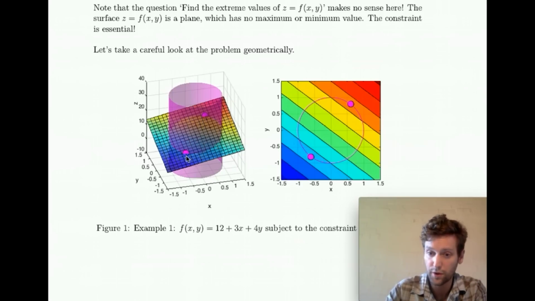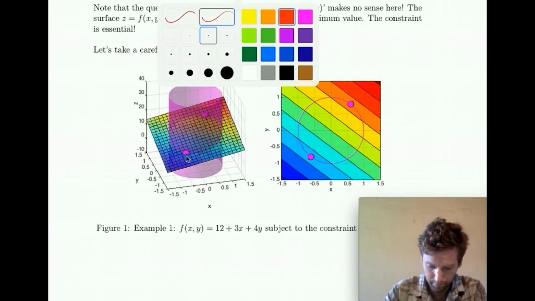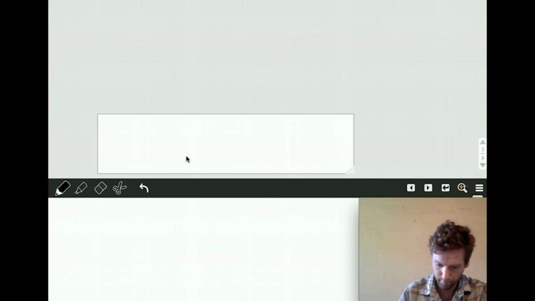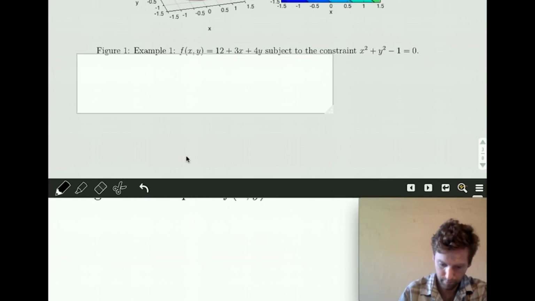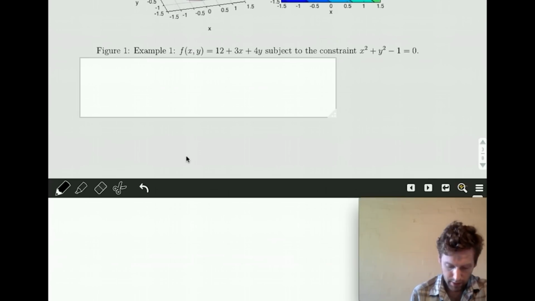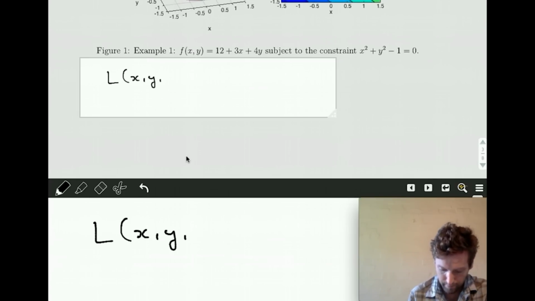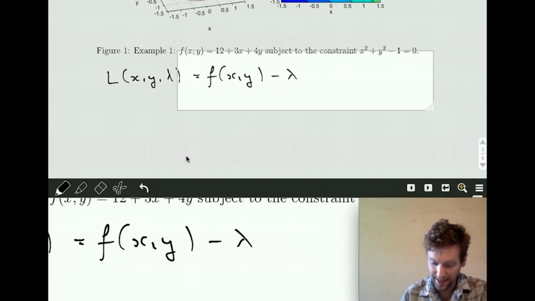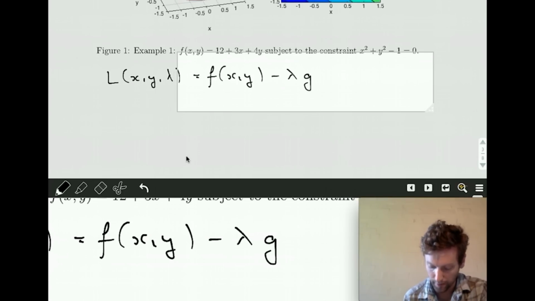We need to form this function L of x and y and lambda. So this is going to be given by combining the function we want to find the maximum or minimum value of, f of x and y, and subtracting from that lambda times g of x and y.